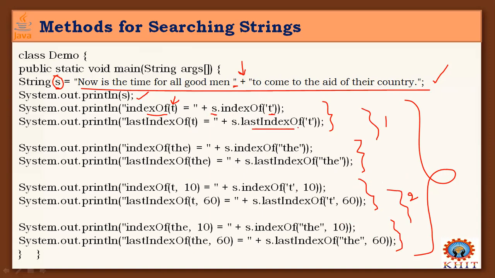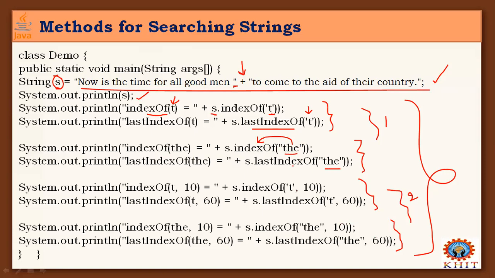And the lastIndexOf of this character P. The character is in single quotations. We also gave a substring, that is THE, that's why here it is in double quotation. What is the index of this one? The first occurrence of this substring in the given string, and the last occurrence of this one in the given string.